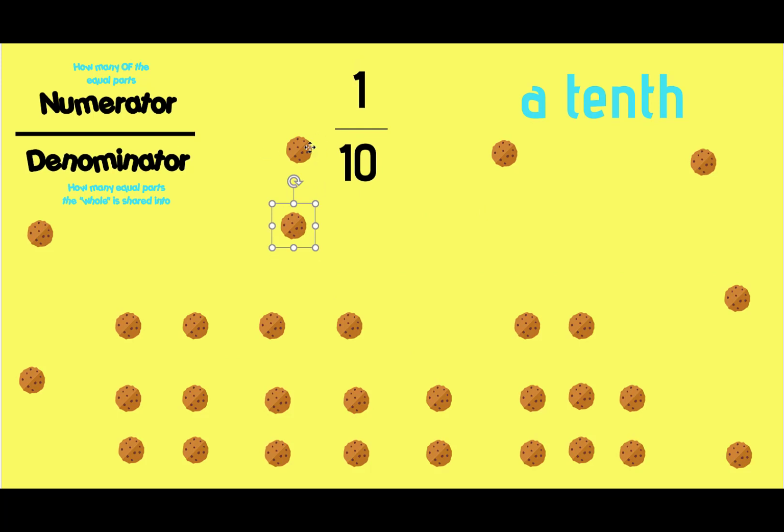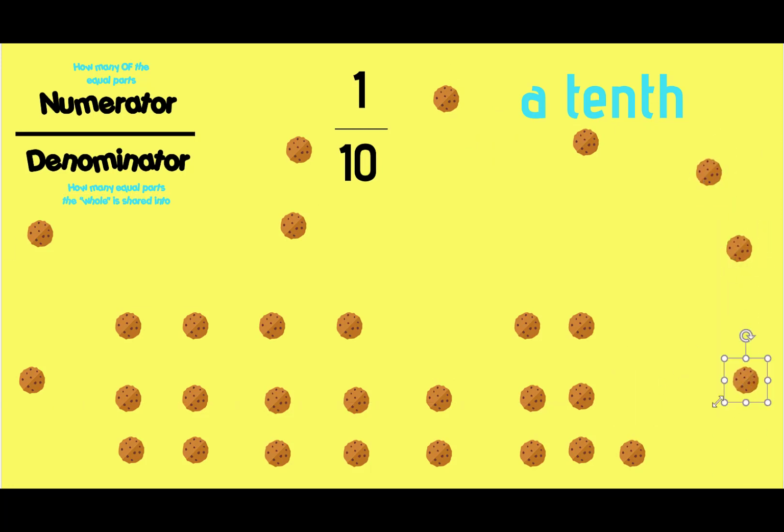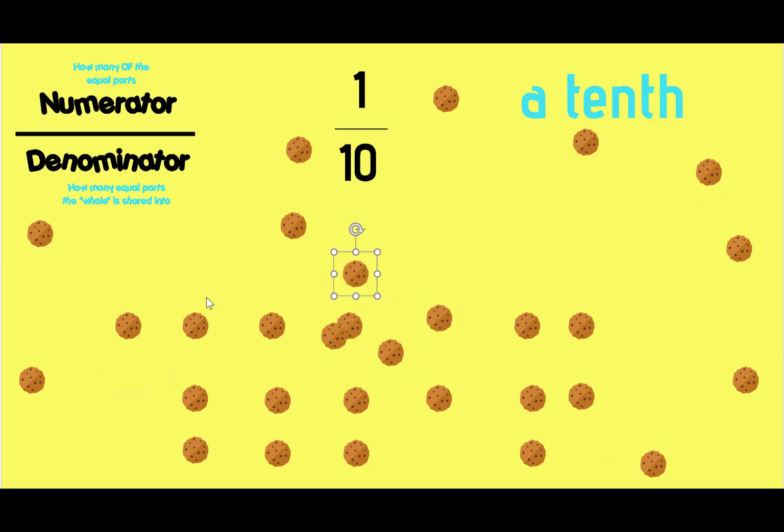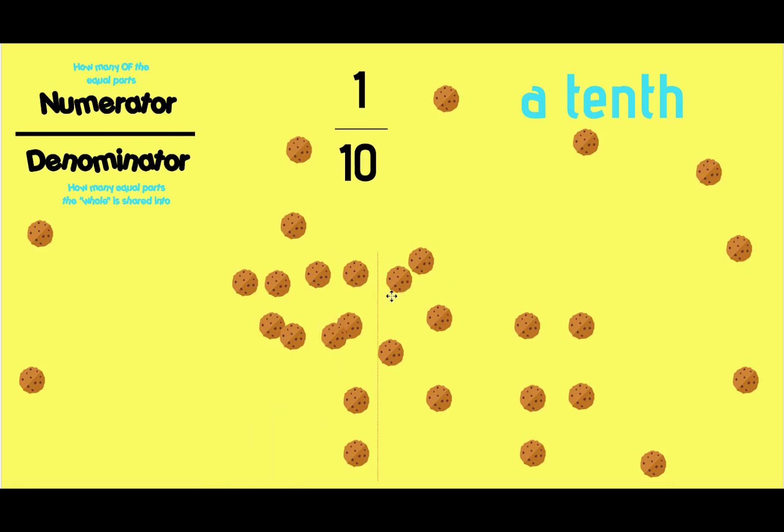So I've got 1, 2, 3, 4, 5, 6, 7, 8. If I put everything into the middle, you can see that when you're finding tenths, we might need a better, more efficient method because they're getting all in the way of each other.